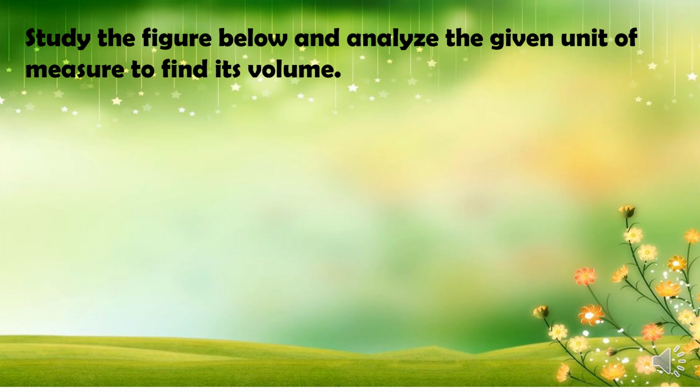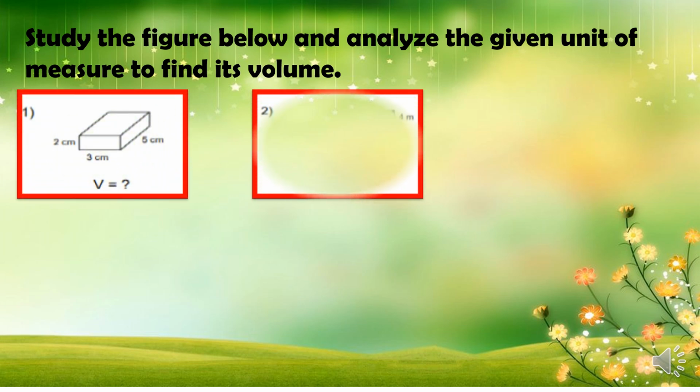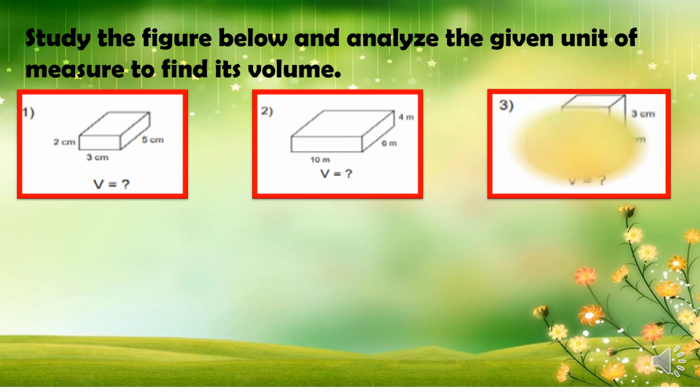Let us study the figure below and analyze the given unit of measures to find its volume. So we have the first figure, the second figure, and the third figure. Let us take first the first figure. We are going to use the formula V equals length times width times height.